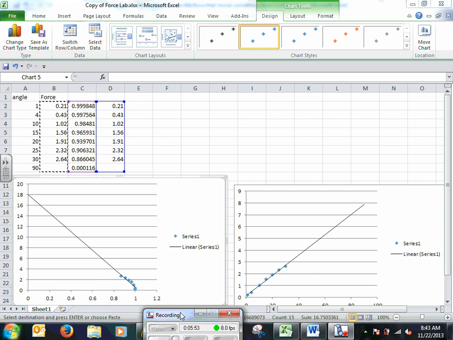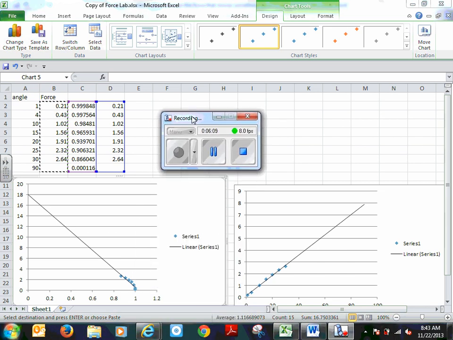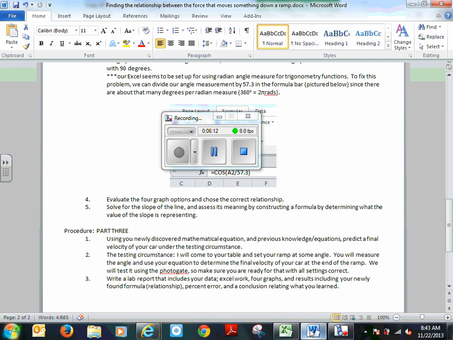So I'm going to ask you to do the other two relationships for the lab, and then you'll determine what the slope is equal to, and then you will use that as your new formula. Because at the end of the lab, I'm going to come to you and change your ramp angle, and I'm going to say, okay, you have to predict what speed this car is going to be at the end of the ramp, using your new formula that we talked about, force equals mass times acceleration.